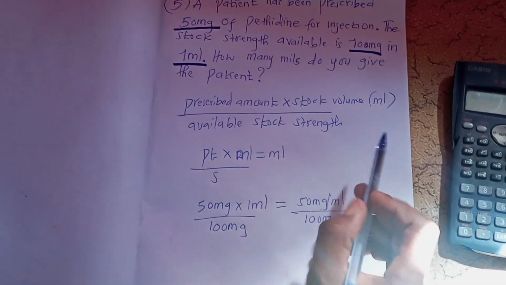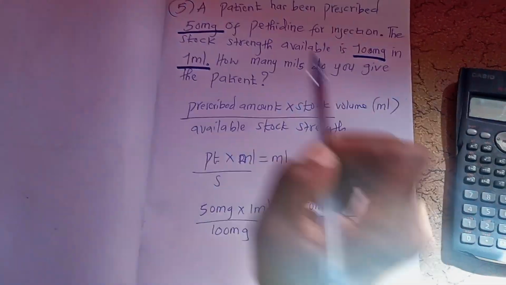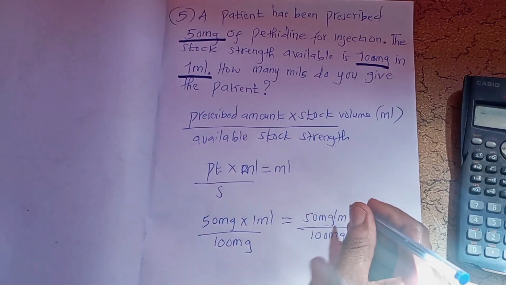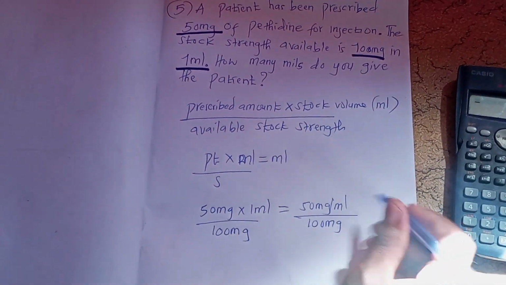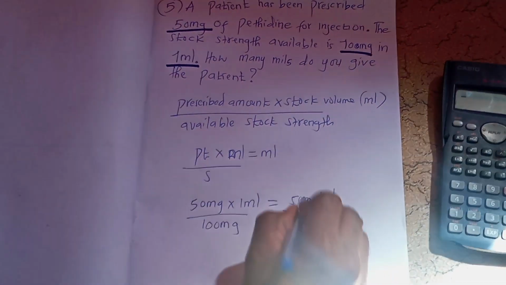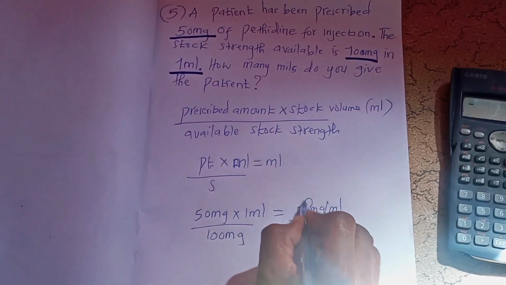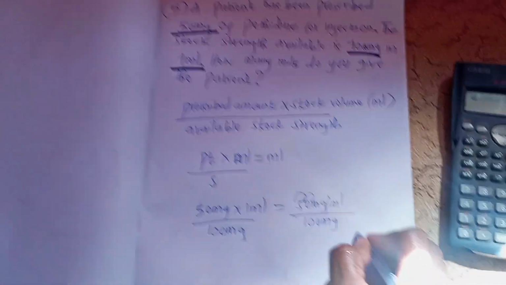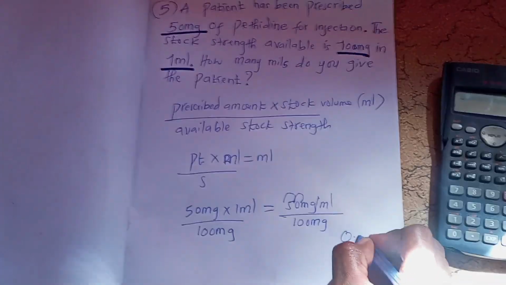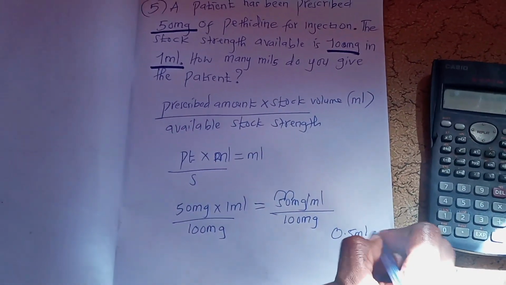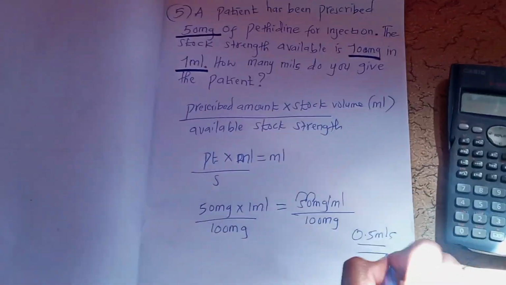What you can do is move the decimal places, or you can calculate directly from the calculator. So you move the decimal places, 1, 2, so our final volume will be 0.5 ml.